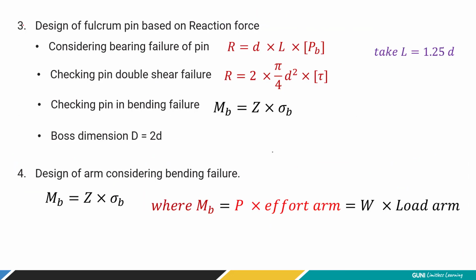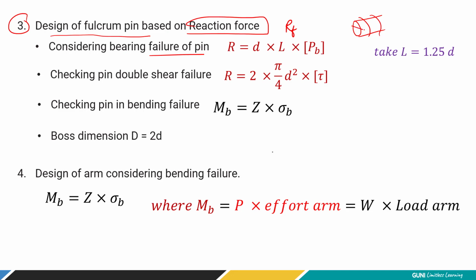Now the third point of design is the design of the fulcrum pin. This is very important because it's the main element on which the whole lever swivels, right? So by considering reaction force RF, the first consideration is bearing failure of the pin.